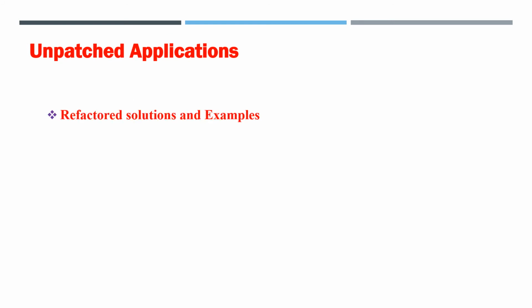Refactored solutions and examples: managing patches. Managing patches is nothing but managing the updates. A first step towards managing your patches is obtaining an inventory of system and installed software packages. On small networks, we can enable automatic update on Windows and applications such as Acrobat and Firefox.